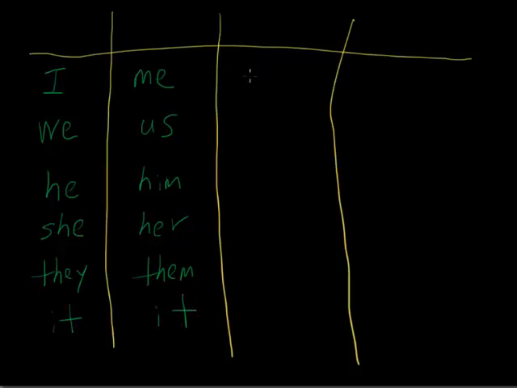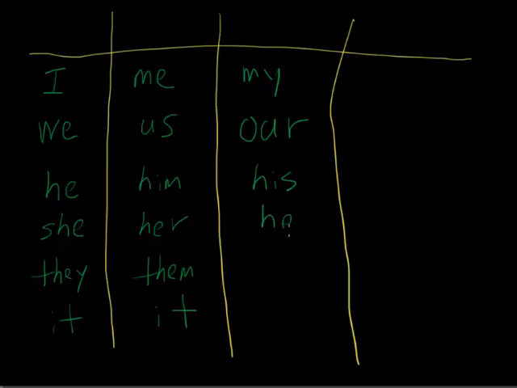I have a book. That's my book. We own a house. And that's our house. He has a car. So it's his car. She has a dog.